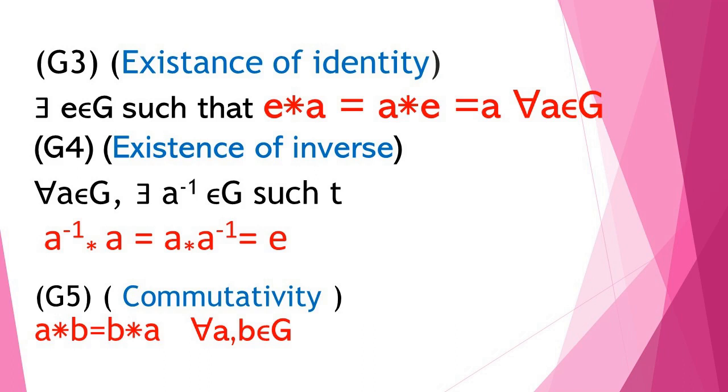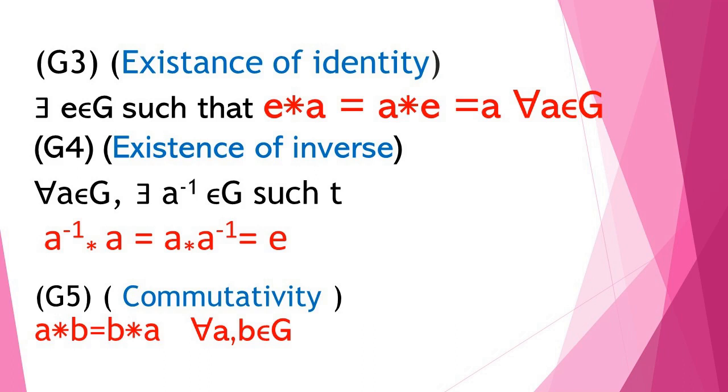If this condition is satisfied, then that element a inverse is called the inverse of element a. This is for each element a. If G is a group, such that every element satisfies this condition, then every element has an inverse and it is unique for that element.